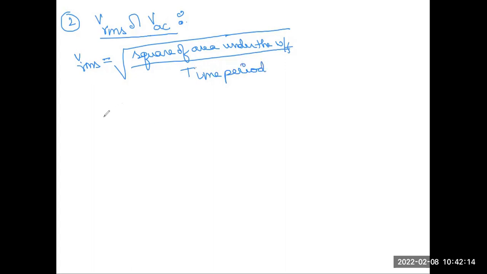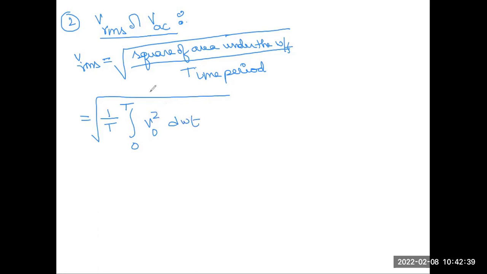But what is the expression given by? Square root, 1 by T integral 0 to T, V naught square d omega t, isn't it? Yes, ma'am.